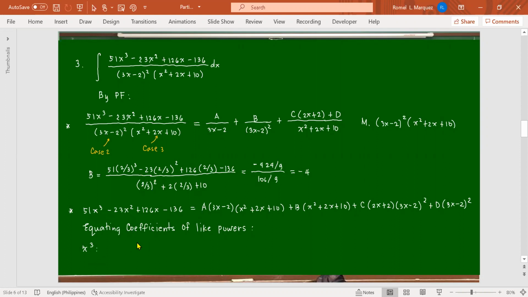So we now have 51 on the left, and on the right side, having x cubed: 3A. Do we have x cubed here? What about here? When expanded, 9x squared times 2x, so we'll have 18C.